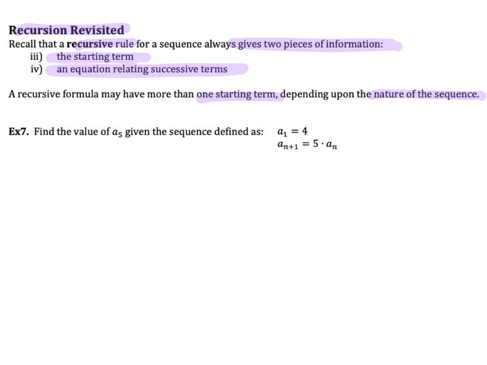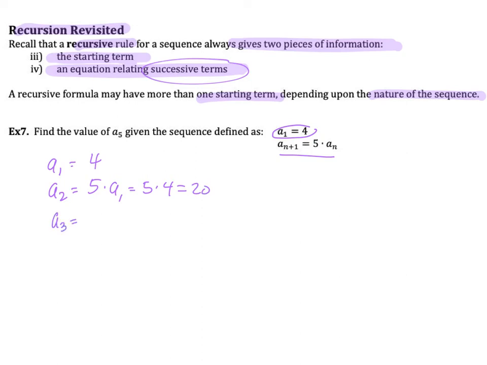Here it says, find the value of a sub 5 given that the sequence starts with a sub 1 equal to 4, and then here is the relationship of the successive terms. We're trying to find a sub 5. Well, if a sub 1 is 4, a sub 2 is equal to 5 times a sub 1, which is 5 times 4, which is 20.